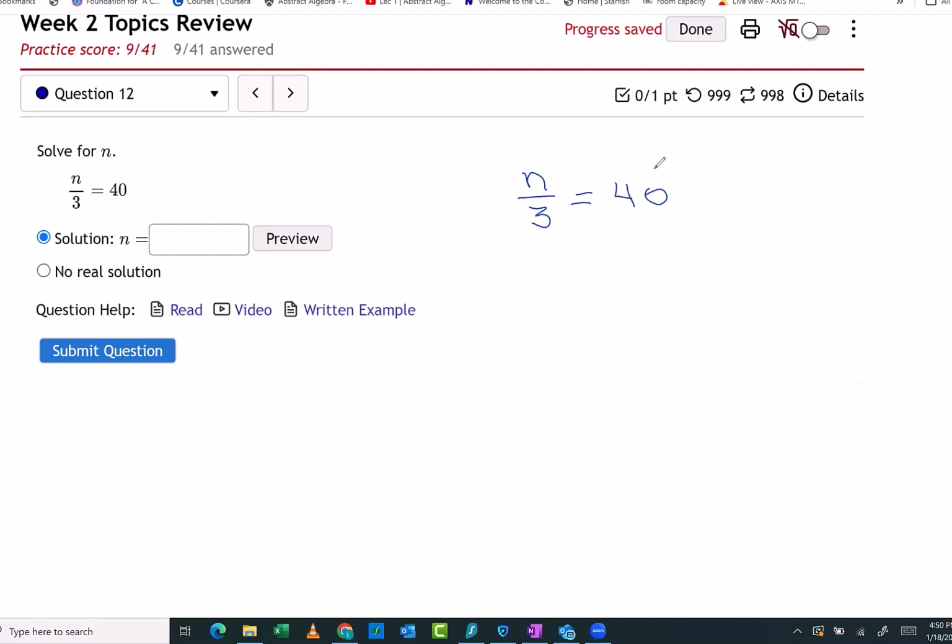And if I multiply both sides, because remember, I'm dividing, so I multiply by 3. And 3 divided by 3 is equal to 1. 1 times n is equal to n. I get n equals 120.